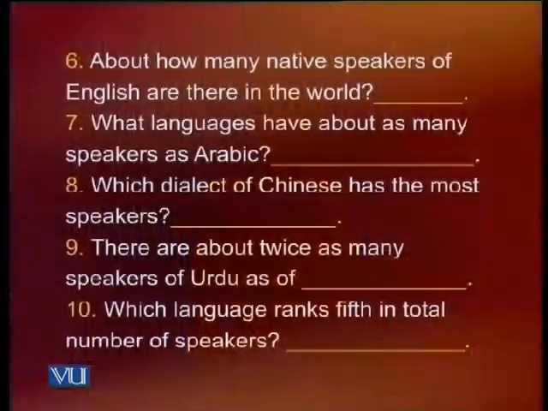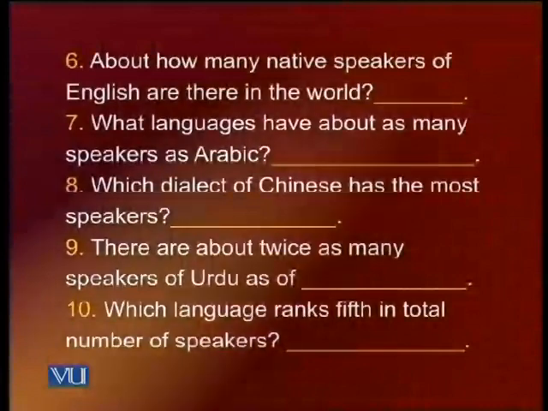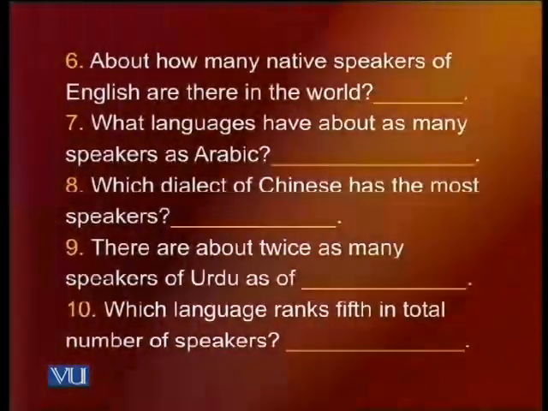And it is German and Portuguese. Number 8, which dialect of Chinese has the most speakers? And you will have noticed that it is Mandarin. Mandarin is one of the dialects spoken in mainland China.